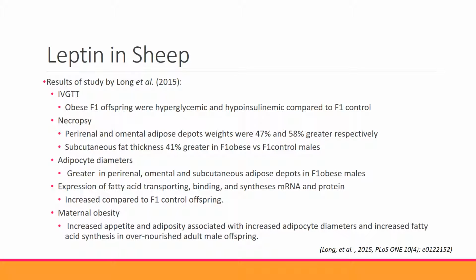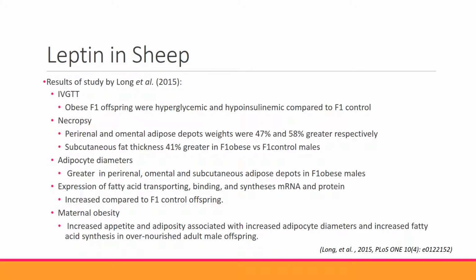The necropsies showed perirenal and omental adipose depot weights were 47% and 58% greater respectively, and the subcutaneous fat thickness was 41% greater in the F1 obese offspring versus the F1 control males. The adipocyte diameters were greater in the perirenal, omental and subcutaneous adipose depots in F1 obese males.